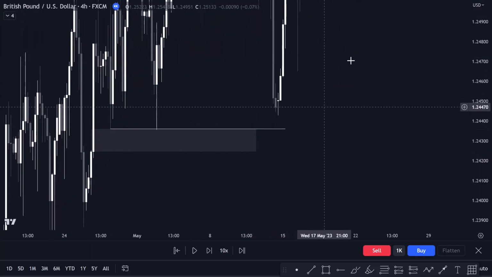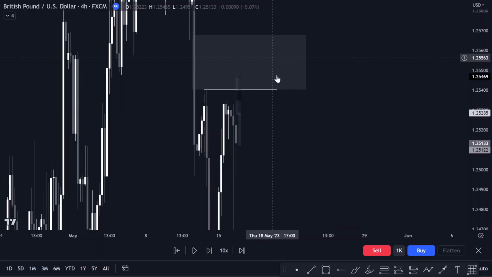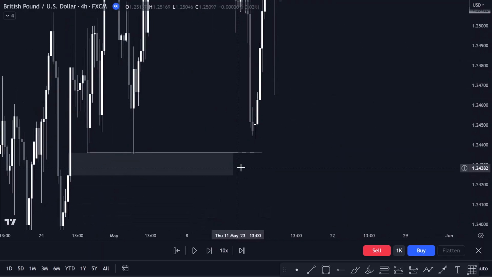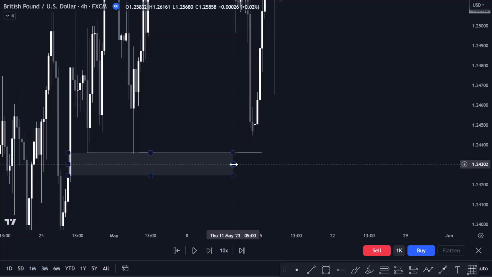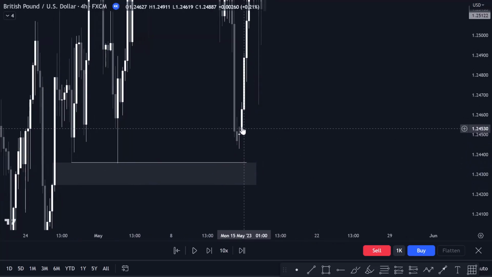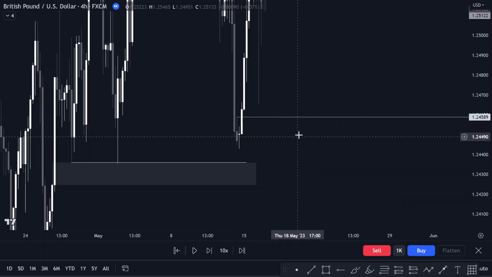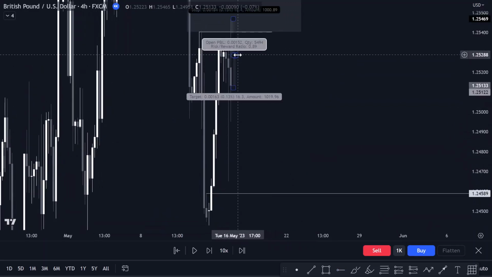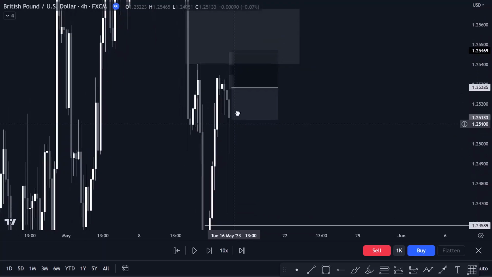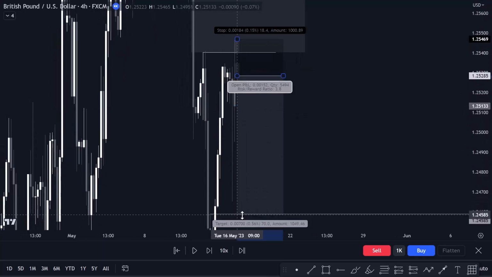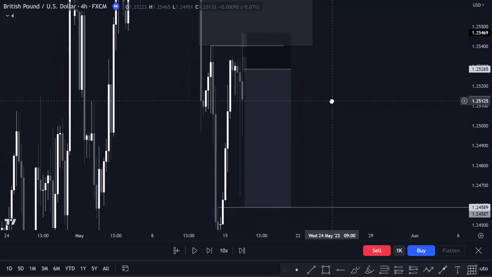Why? Because price can go above again and then come down for this turtle soup. So we cannot expect the time of this turtle soup. What I will do is target this area here, this extreme fair value gap, right? So all the way here, and that's 3.8.